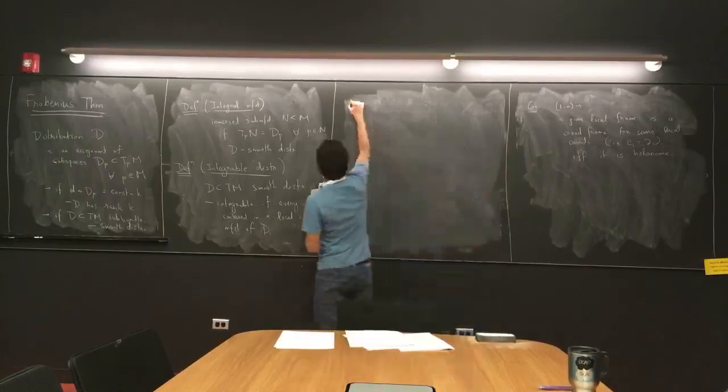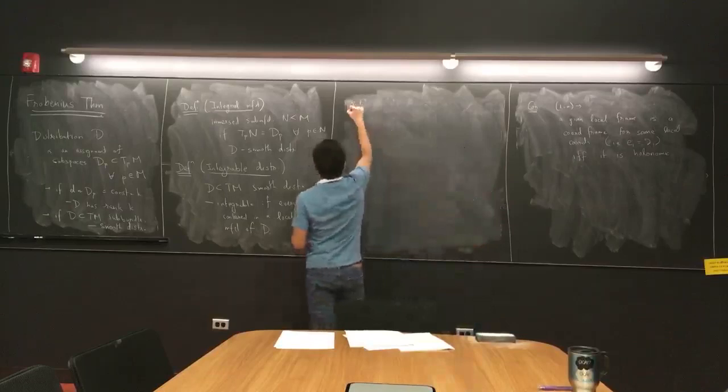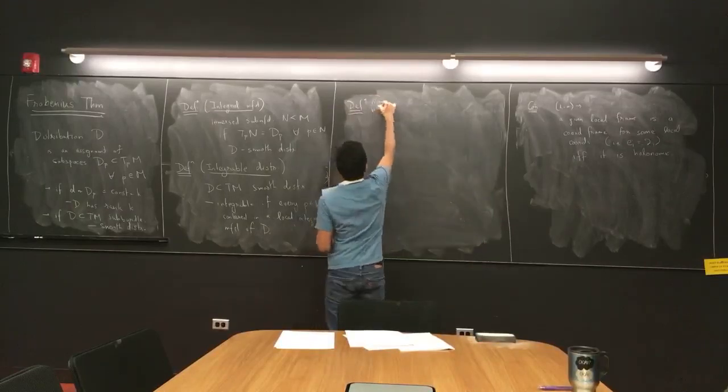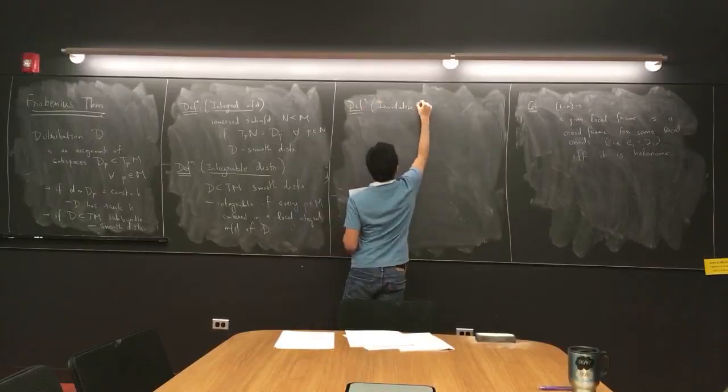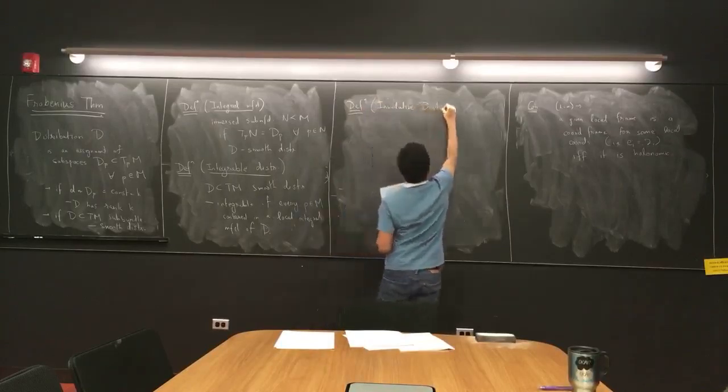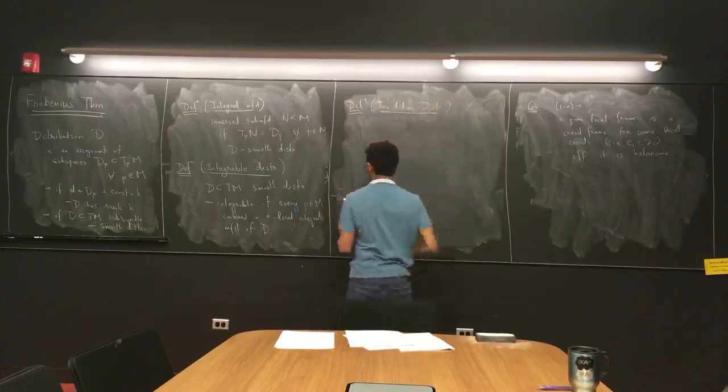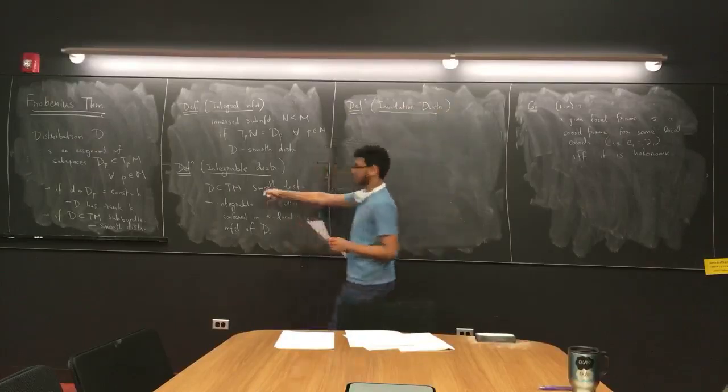One more definition, then we'll go to the theorem. This is involutive distributions. Once again, D is a smooth distribution.